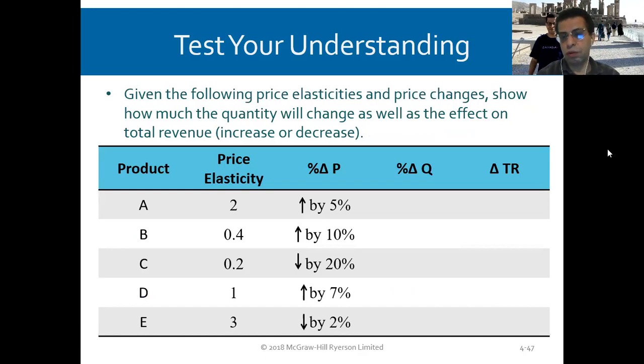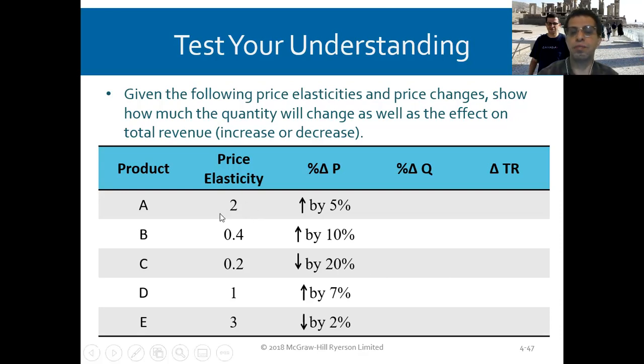So overall, if we are given the price elasticity and price changes, show how much the quantity changes as well as the effect on the total revenues. So we have a product A, could be sugar, beer, tea, whatever it is.